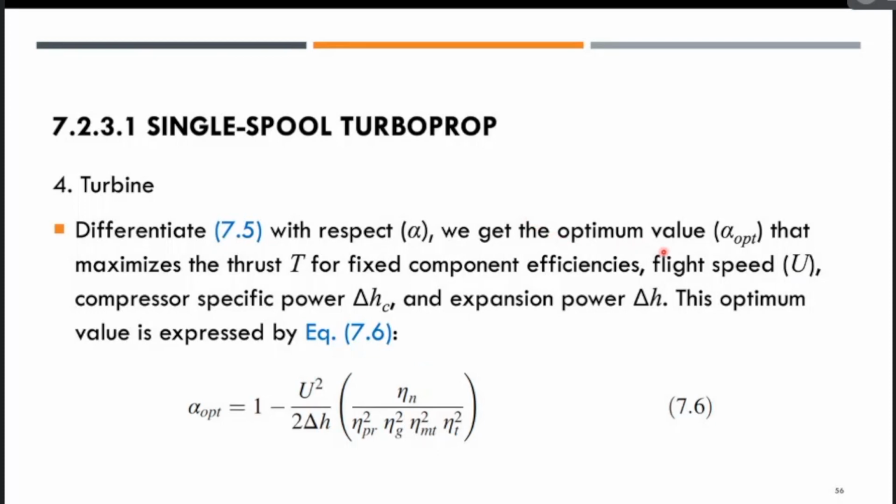We get the optimum value of alpha, alpha optimum, that maximizes the thrust for fixed component efficiencies, flight speed, compressor specific power, and the expansion power delta H, and this optimum value is expressed in this equation, with all the efficiencies being grouped over here, and that results in equation 7.6.